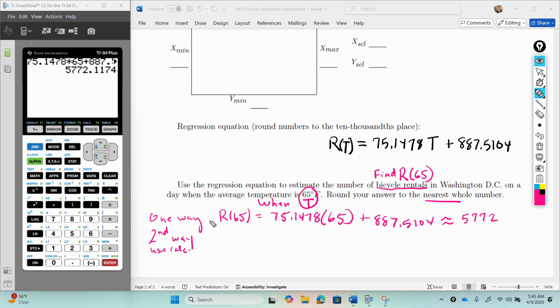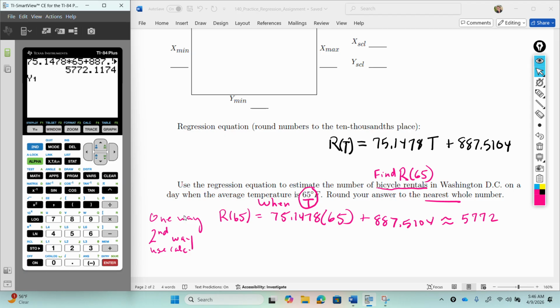Okay. Second way is we saved the regression equation in total. So let's use the calculator to get R evaluated at 65, and it would actually be a more accurate answer because it saved it taken to all the decimal places it was given. So I'm going to click on VARS. I'm going to go to Y-VARS. I'm going to press enter, and I'm going to press enter again. And then this Y1 comes up.